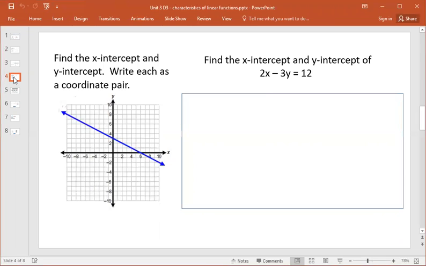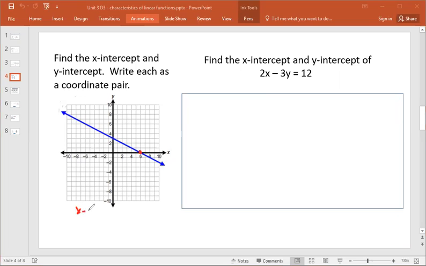So let's try them. Here, given the graph, we'd like to find the x-intercept and the y-intercept and write each as an ordered pair. When I looked on the x-axis, I noticed that it crosses right here at 6.